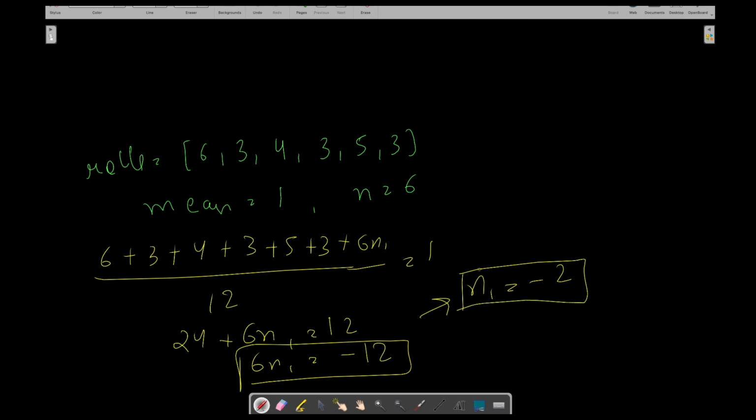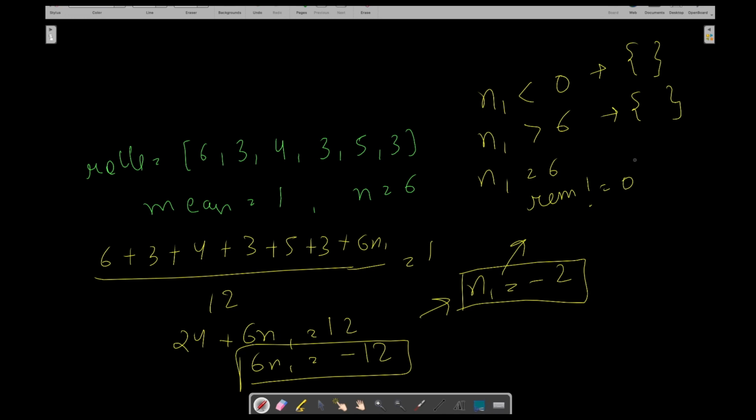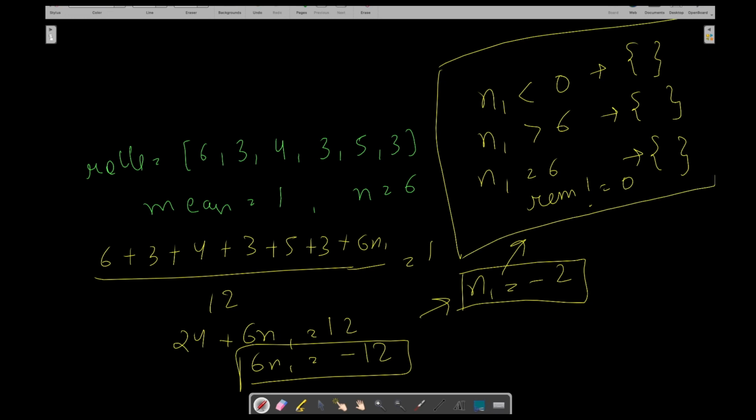So one more condition which we have is this: if n1 is less than 0, then we will be returning an empty array. If n1 is greater than 6, then we will return an empty array. And if n1 is equal to 6, but the remainder is not equal to 0, then we will be returning an empty array, right?